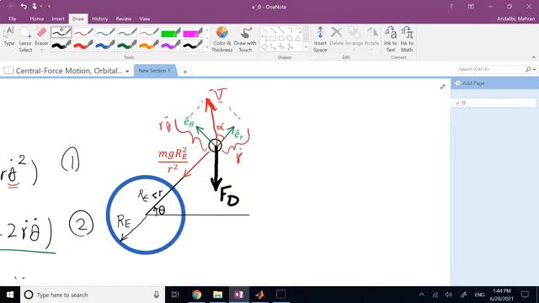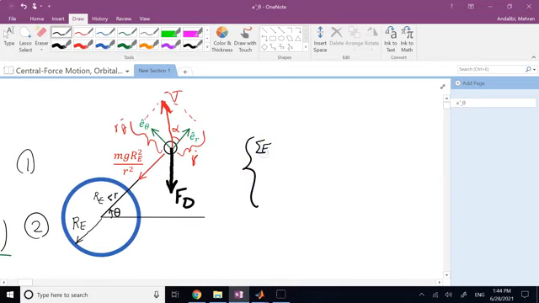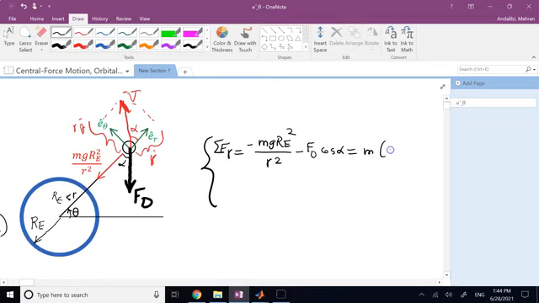And so not only now you have your weight component, you also have your FD component. And so what happens to your equation? Now the sum of forces along r is not only going to be that negative m g R_e squared over r squared. If this is alpha, then negative F_D cosine alpha is also going to be added, and this is equal to now mass times r double dot minus r theta dot squared.